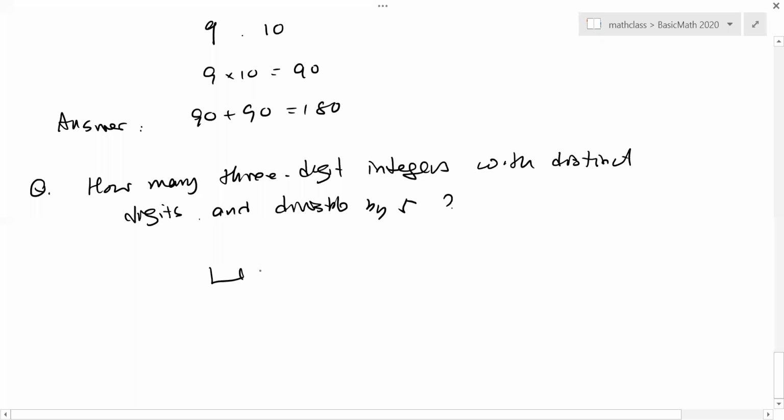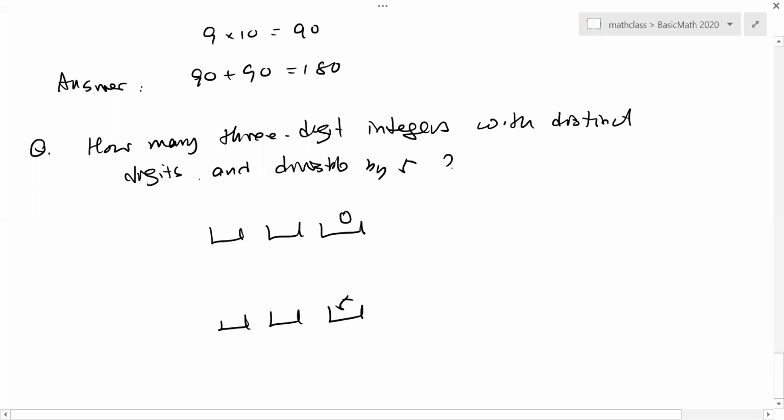So let me give you 2 different patterns. That's the reason 5. You have digits 0, 1, 2 all the way to 9, right? So now it's a different story. Distinct is very important.